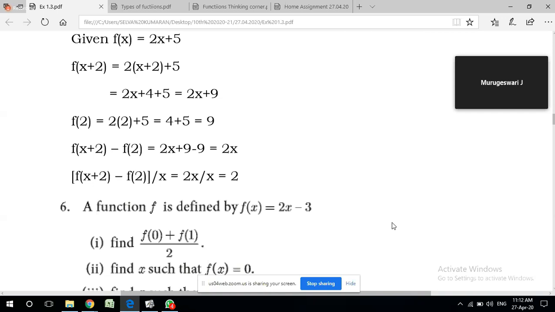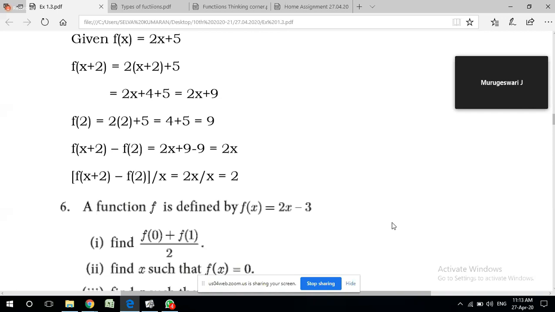F of 0, how will you find f of 0? In the given equation, instead of x, 0 is there, isn't it? So you can write f of 0 equal to 2 into 0 minus 3. So you can find the value of f of 0 and f of 1. Do it yourself. Divided by 2.